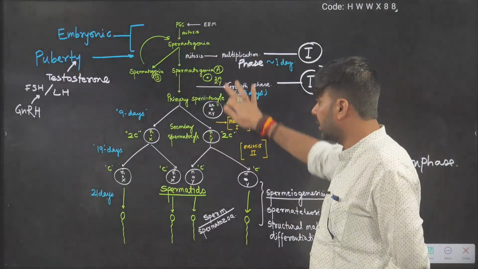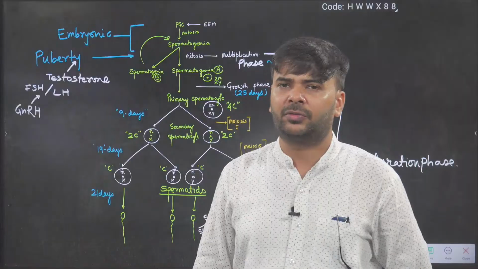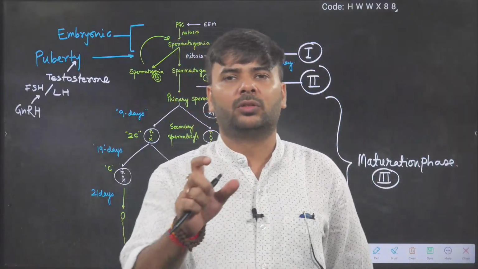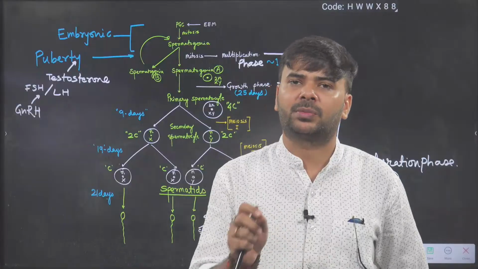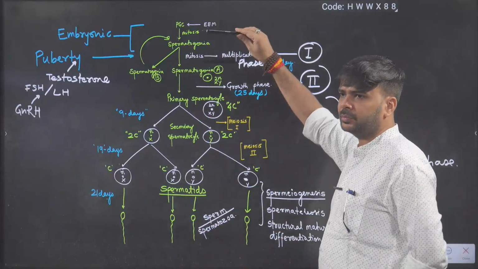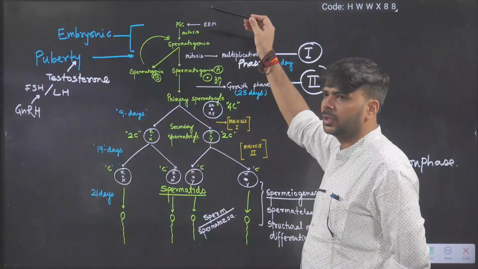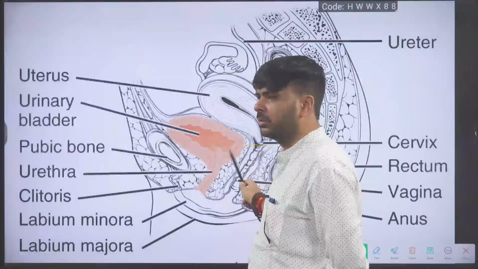Then here it is the sperm formation. Sperm formation will be tough for you now, so I'll go directly to the meiosis and mitosis of this part. You'll understand easily. So please note, the 3 layers are perimetrium, myometrium, endometrium.